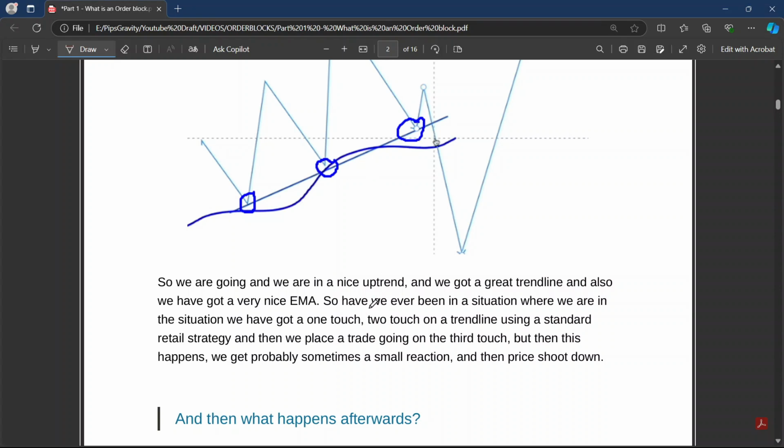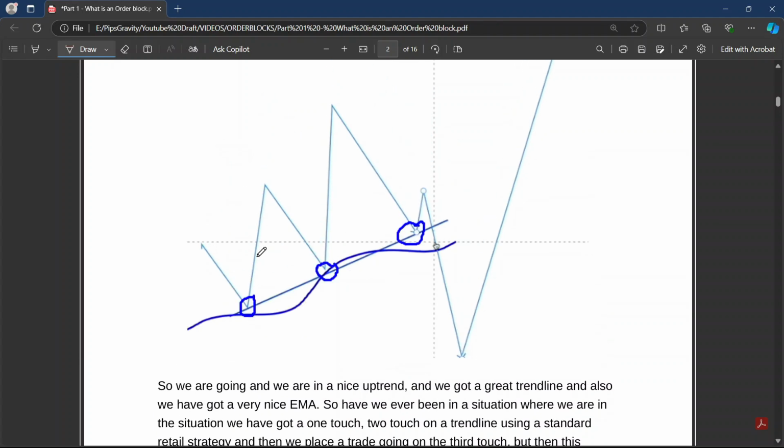So we have been in the situation where we have the first touch, the second touch on the trend line. We use this retail trading strategy. We have these touches, so we expect to buy maybe on the third touch or the fourth touch. It depends on your confirmation, your rules. And most of the time, what will happen is that we may have the first touch, the second touch.